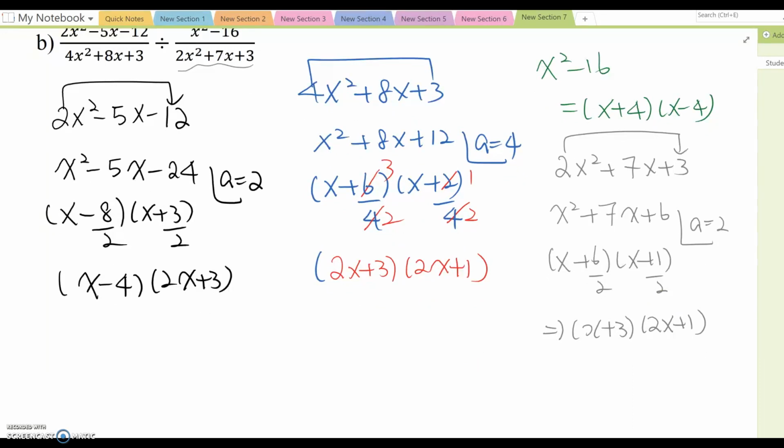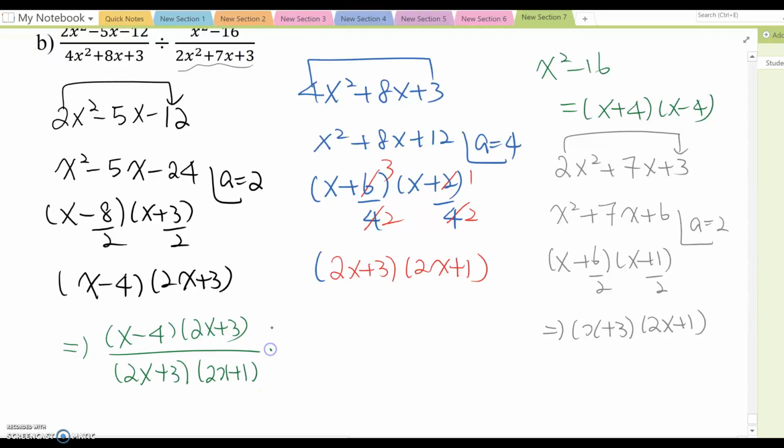Then this is going to be (x minus 4)(2x plus 3) over (2x plus 3)(2x plus 1), divided by (x plus 4)(x minus 4) over (x plus 3)(2x plus 1).